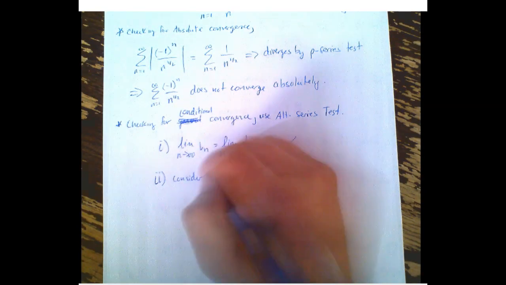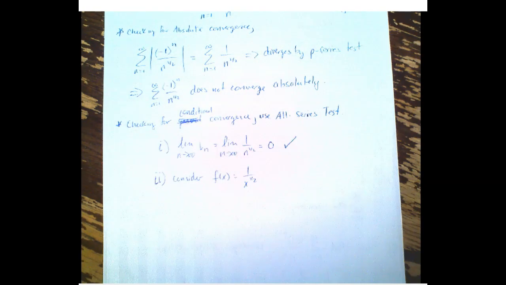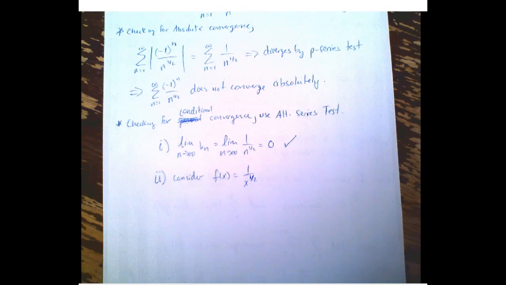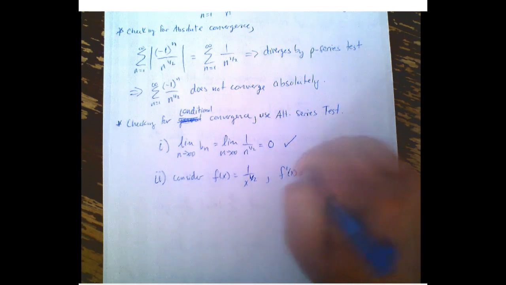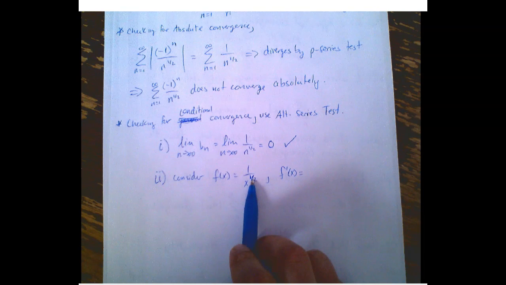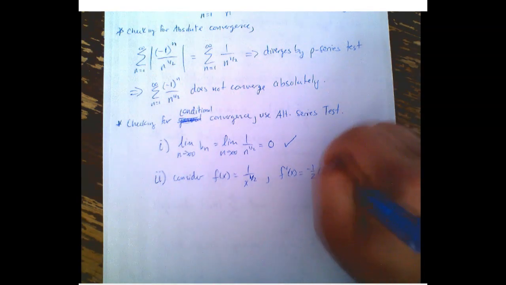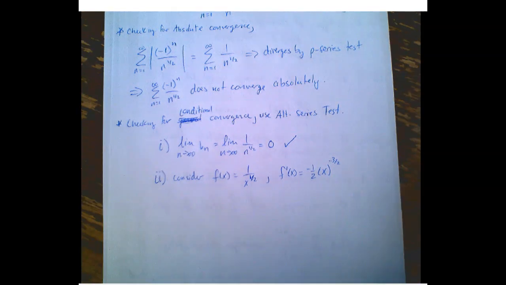For condition 2, consider f of x equals 1 over x to the 1/2. So f prime would be, this is like x to the negative 1/2, so negative 1/2 x to the negative 3/2, or negative 1 over 2 x to the 3/2.